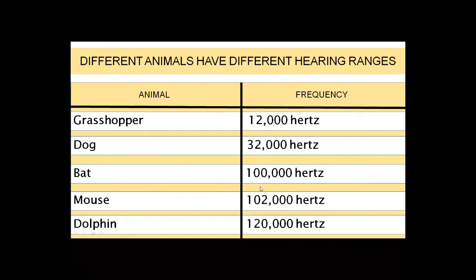Bat has 1 lakh hertz, the mouse has 1 lakh 2000 hertz, and the dolphin has 1 lakh 20,000 hertz. There are different frequencies; different animals have different hearing ranges. Take a screenshot of it.